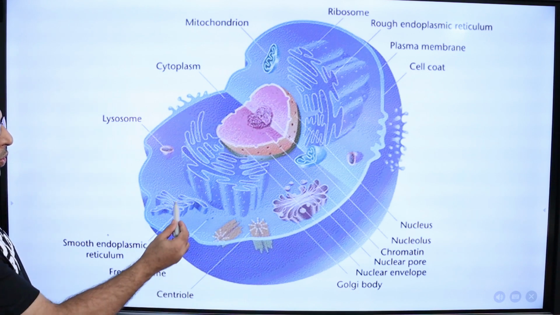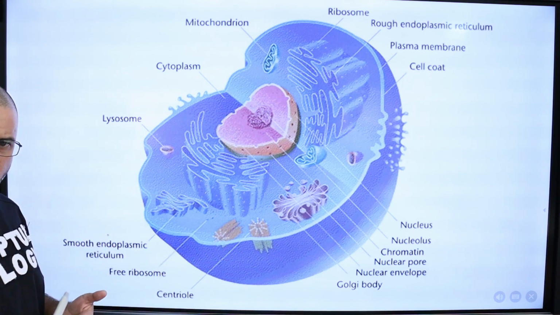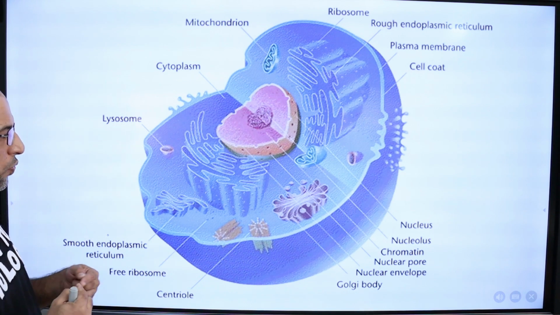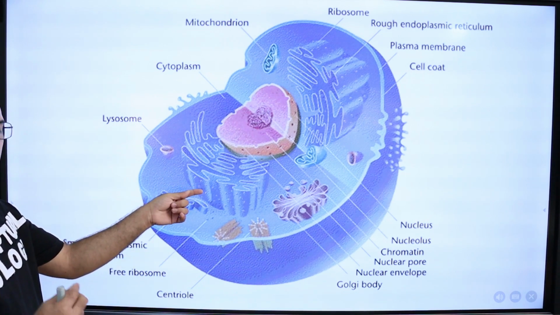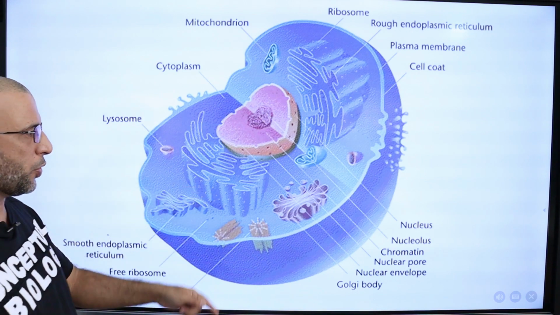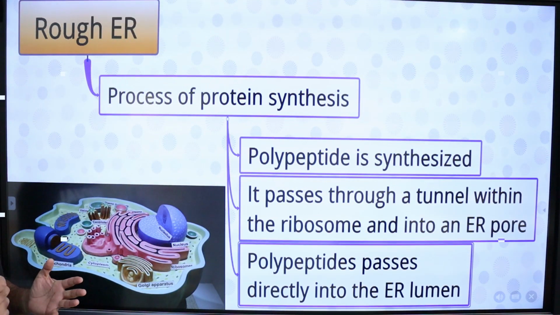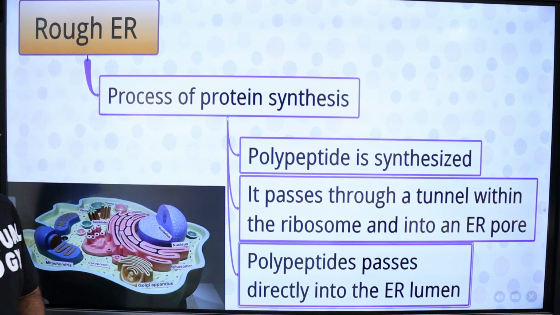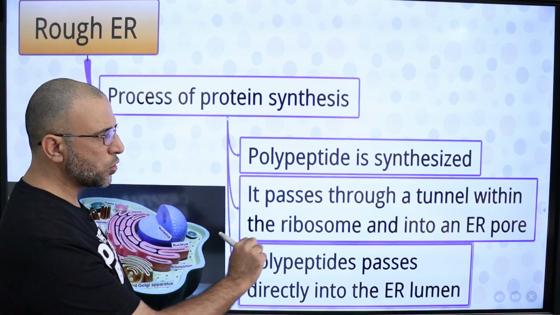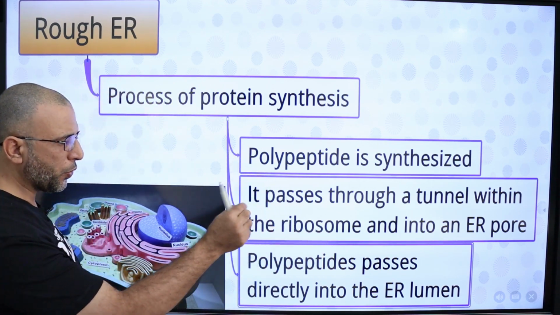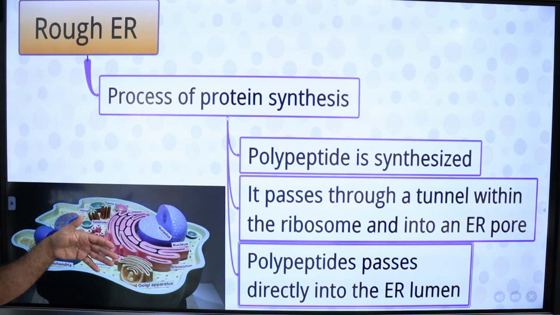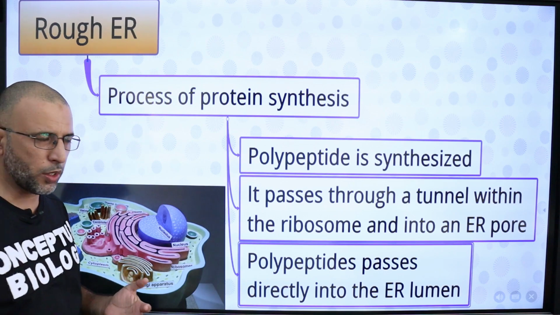During translation, when ribosomes are attached with messenger RNA, that ribosome binds with the cytosolic surface of the endoplasmic reticulum, and they are involved in the synthesis of protein. Ribosomes synthesize a protein, that is a polypeptide chain, and this polypeptide chain passes through a tunnel within the ribosome into an endoplasmic reticulum pore, and that polypeptide chain, which is protein, passes directly into the endoplasmic reticulum lumen.